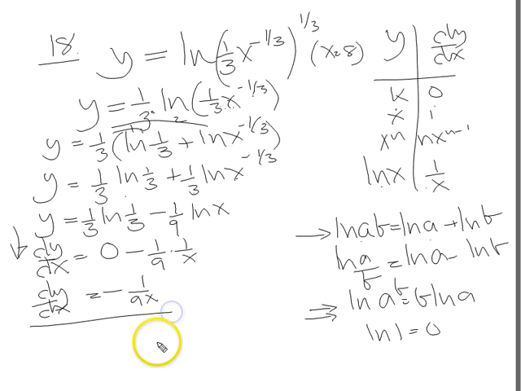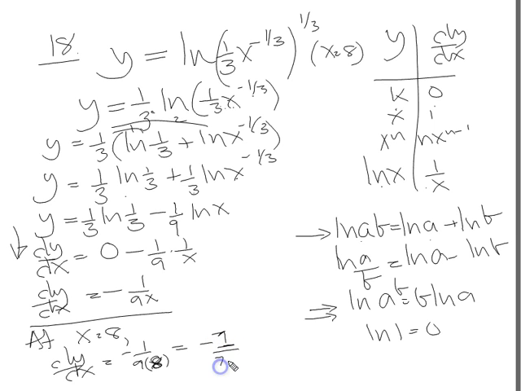Now we put the input value at x equals 8. dy/dx equals minus 1 over 9x, and the x we overwrite with the value 8. 9 8s are 72, so it's minus 1 over 72. There we go. Minus 1 over 72 is the answer for 18.